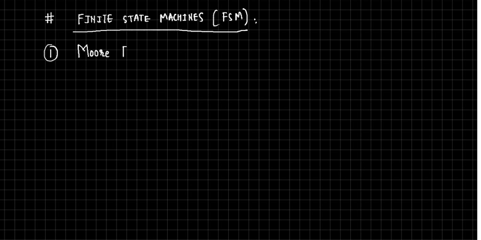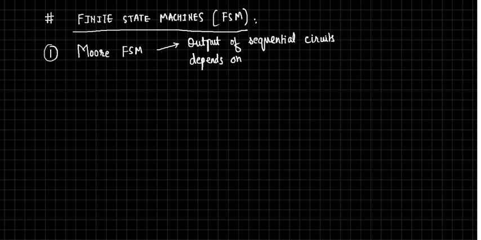Named after the scientist, Moore FSM, in which the output of the sequential circuit depends on the present state, or the next state.